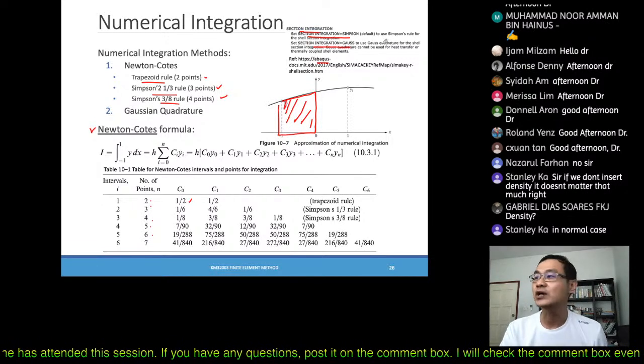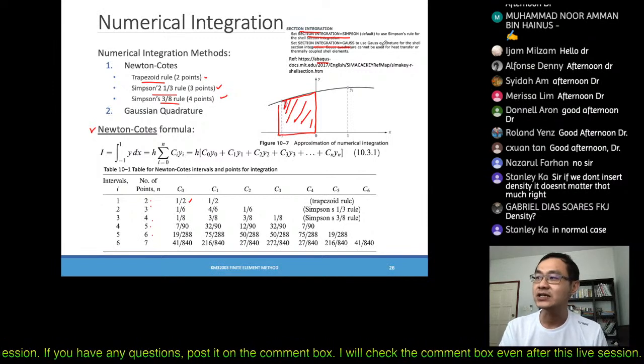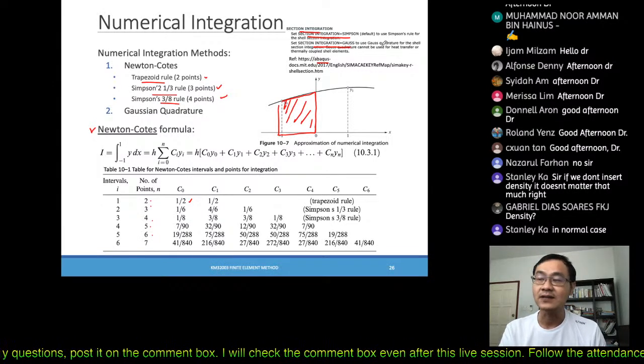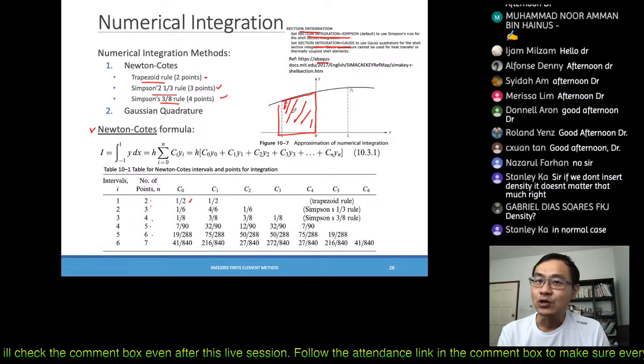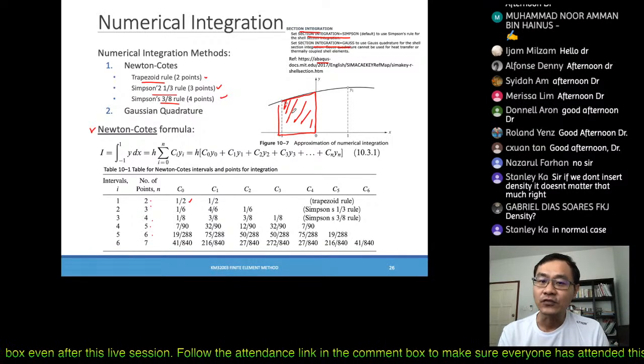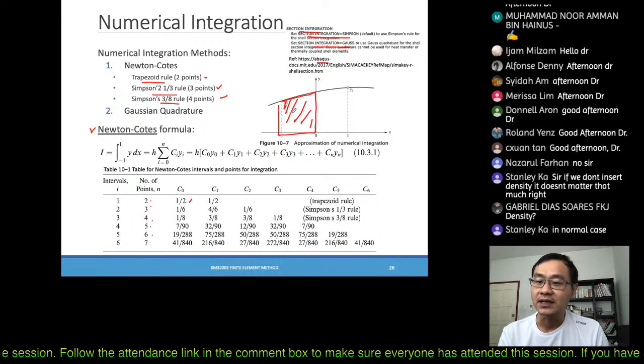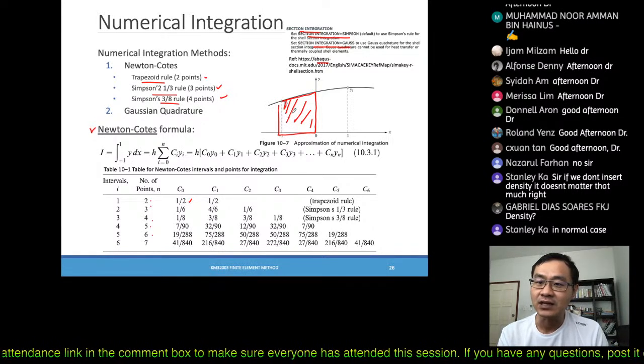For sure they also have conditions where they can use it or cannot use it. This is where the manual of the FEA software is very important. Any FEA software, their manual is very important.